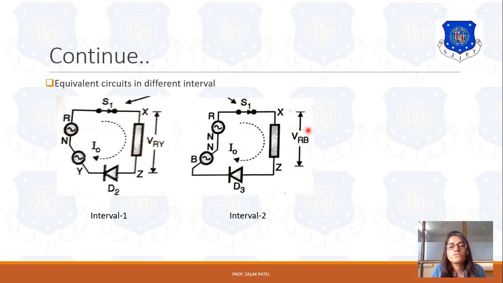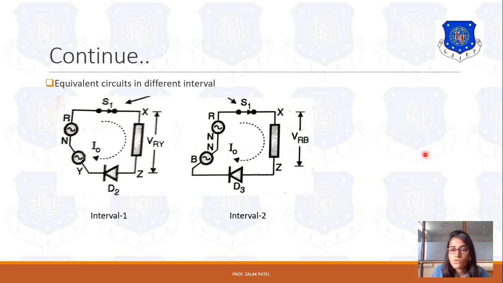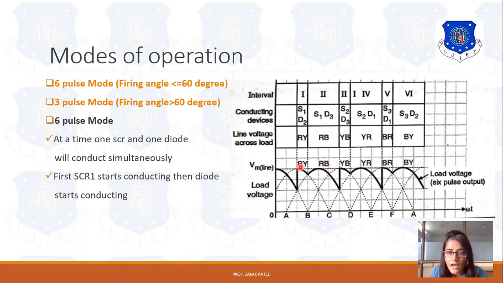In the same way you can consider the third interval, that is S2 and D3 conducting, and at that time the voltage is VYB. So you can see that in this diagram the voltage is between R and Y, between R and B, between Y and B, and in the same way S2 will start conducting with D3 and S2 will start conducting with D1.